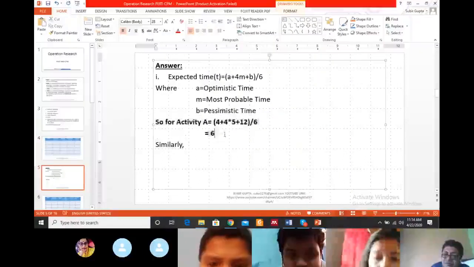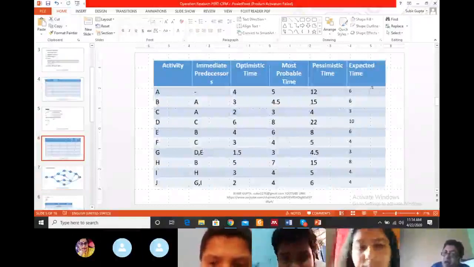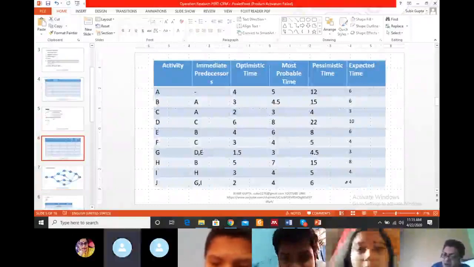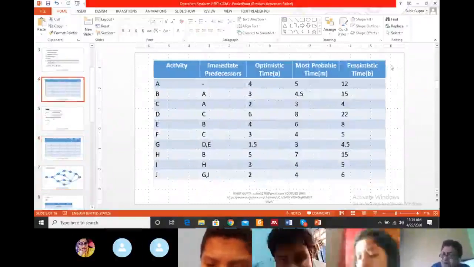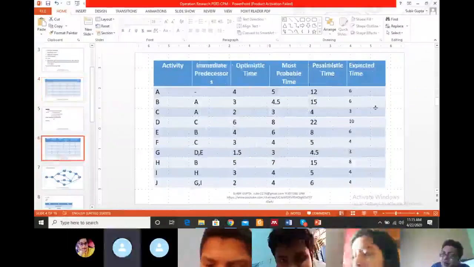Yes, sir. In that way, we can calculate all the expected times. Now, please calculate all expected times in your answer table. Write down the table once again, or you may add one extra column in your question and find out all the values.